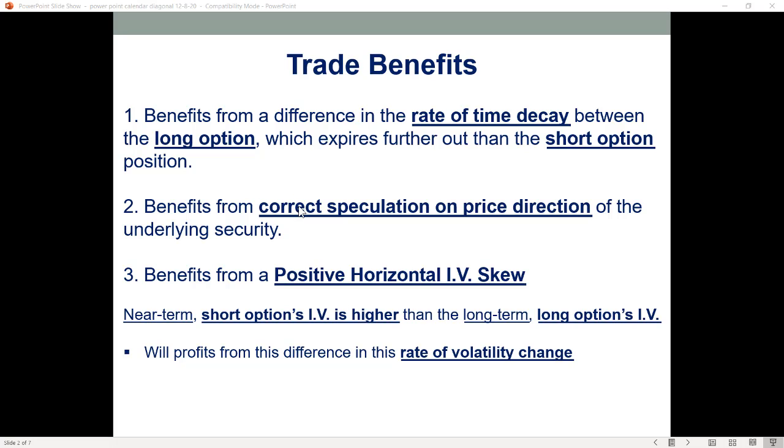It also benefits from correct speculation on price direction, and from positive horizontal implied volatility skew, where your near-term short option's implied volatility is higher than your long option's. You profit when the short option's implied volatility drops faster than the one behind it. Plus, you benefit from theta decay.